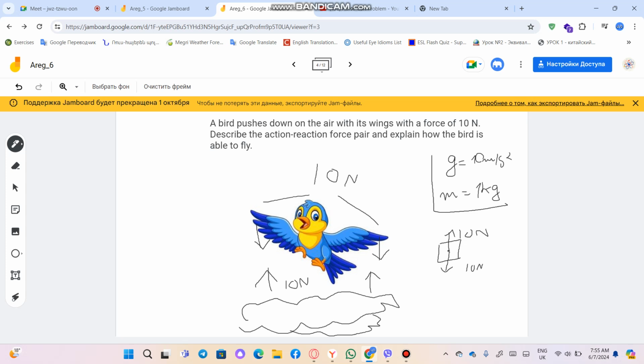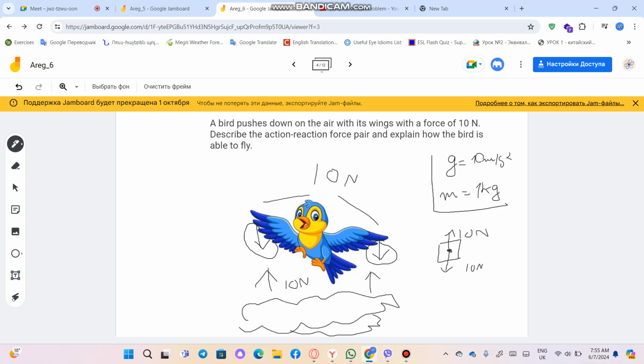Are there any other forces? There's one more. Can you show it? Yeah, it's the force of the bird. You are speaking about these ones, Arek. These forces. What do you think? Are these the forces that act on the bird?